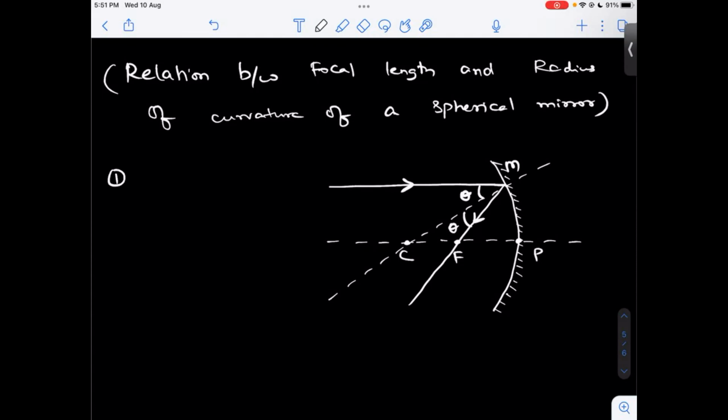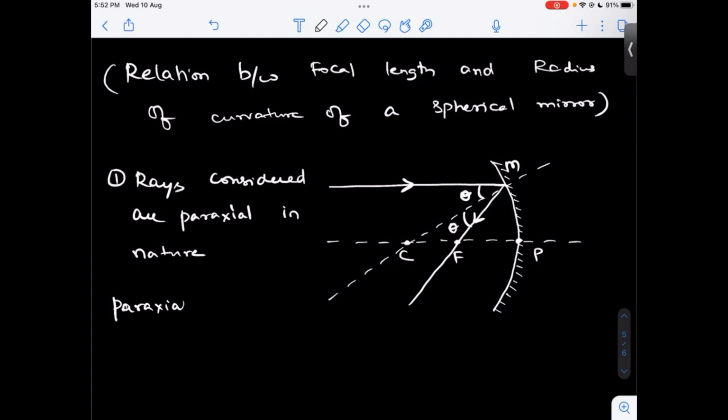First is, rays considered are paraxial in nature. So here, what I mean by paraxial is rays which are closer to the principal axis. So rays which are closer to the principal axis are called paraxial rays.